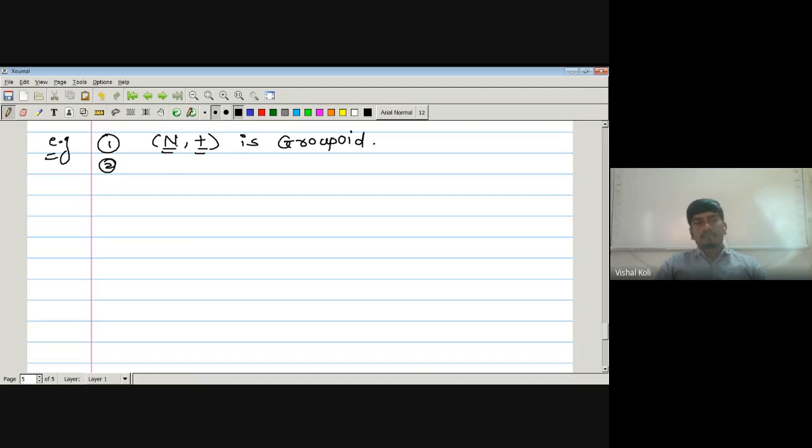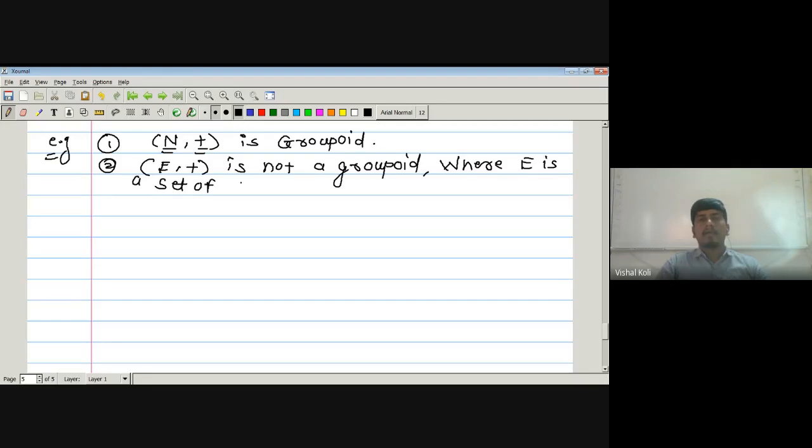Second one, if instead of natural numbers we take E as the set of all odd natural numbers, then with respect to binary operation plus it is not a groupoid, because it does not satisfy the closure property.